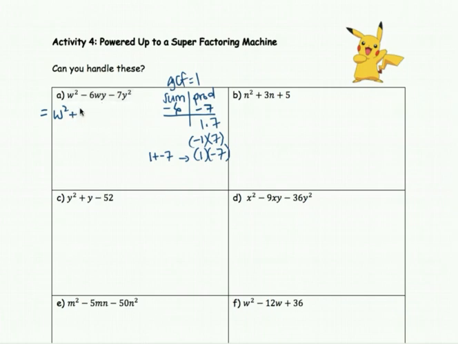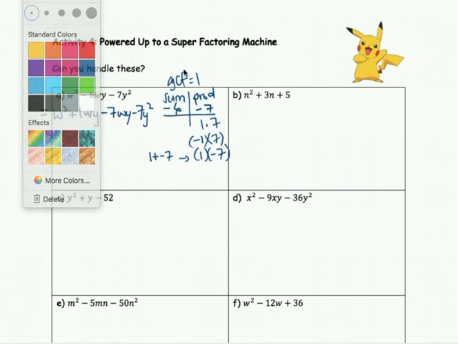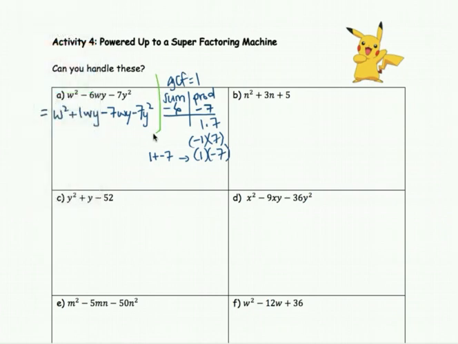If it helps, you can go 1 wy, and then -7wy, because you're decomposing that middle term, and then just carry the last C term along. I'm going to separate these here.